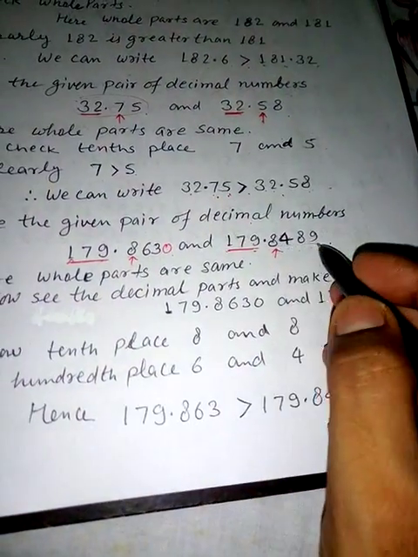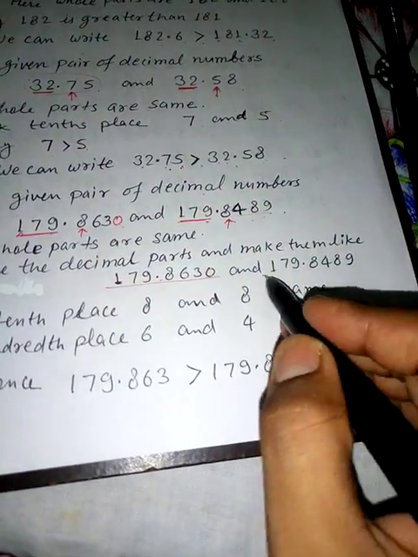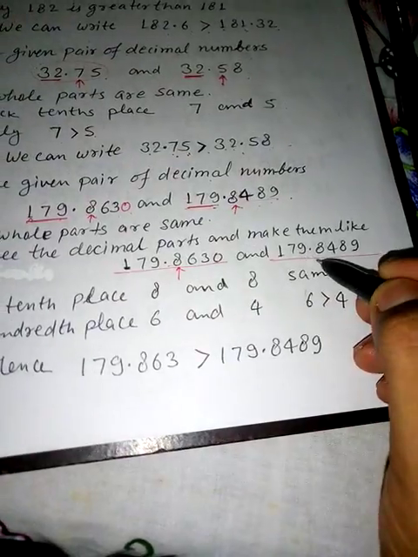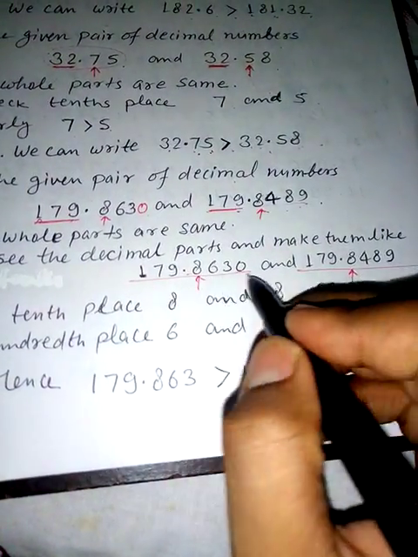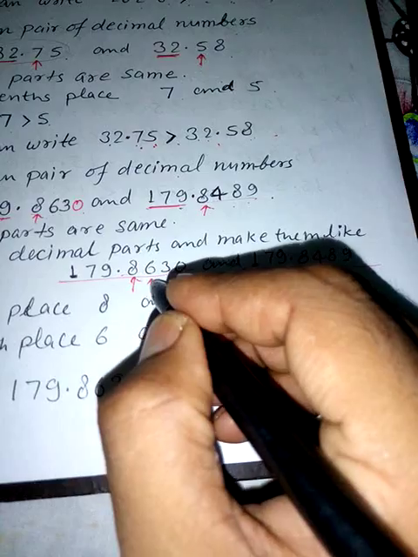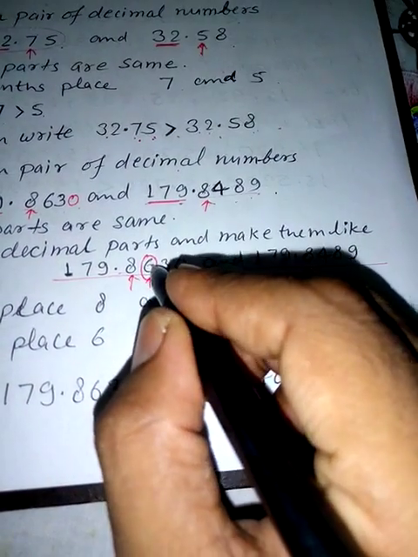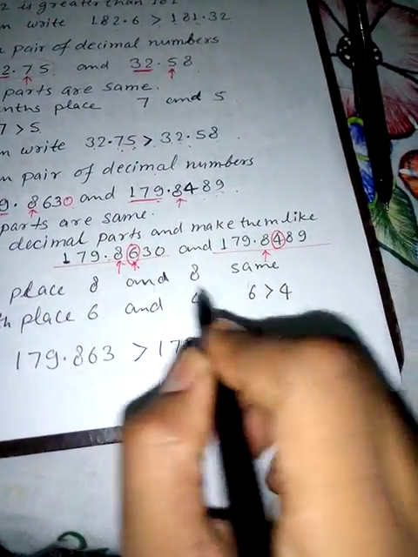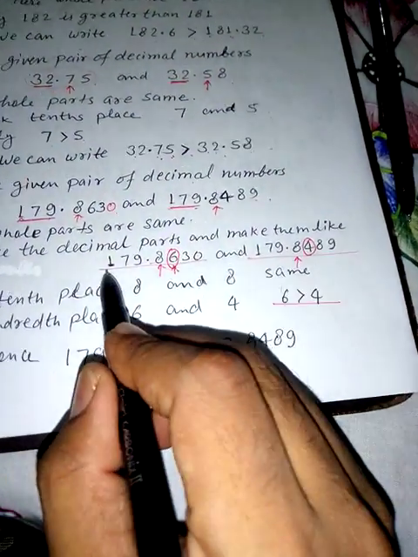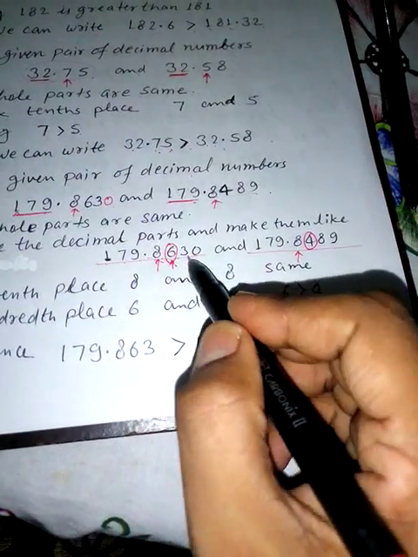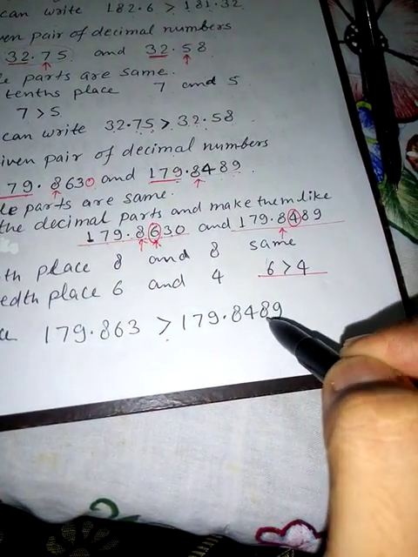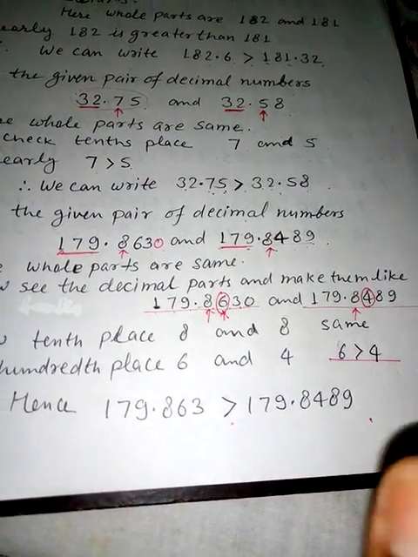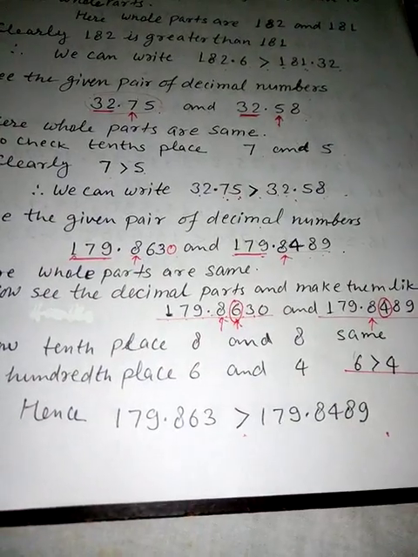Here 4 places, here also 4 places. Now they are like decimals. Now check the 10th place, they are also the same. Now check the 100th place. In the 100th place it is 6 and here it is 4. So you know 6 is greater than 4. So you can write 179.863 is greater than 179.8489.